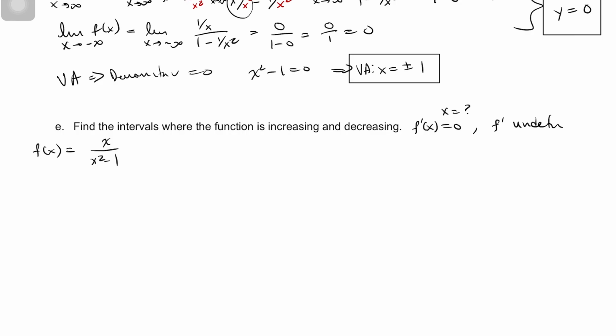All right, so if we take the first derivative of this, we have to use the quotient rule, right? This is the numerator and this is the denominator. So following our formula, it's going to be like this.